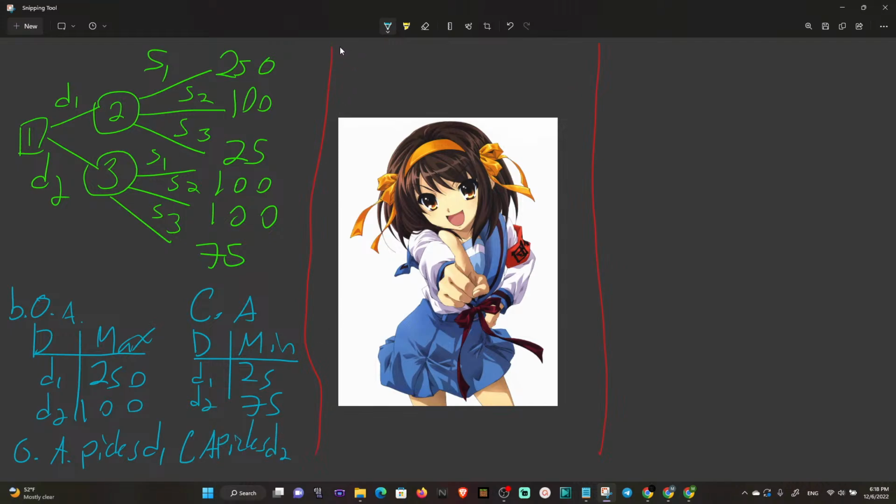And then for the minimax regret approach, we have to make the regret table D1, D2, S1, S2, S3. Biggest number here is 250, so 0, 150, because 250 minus 100 is 150. 100 minus 100 is 0. 100 minus 100 is 0. 75 minus 25 is 50. 75 minus 75 is 0.